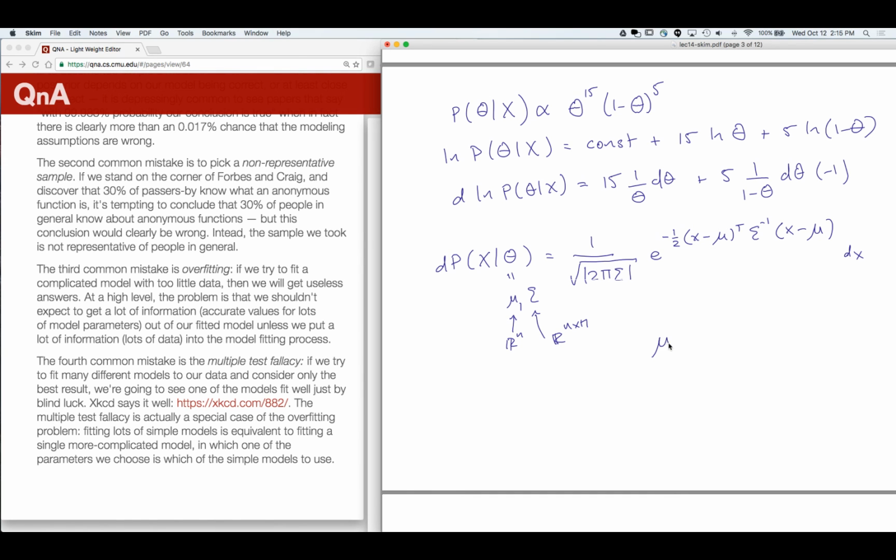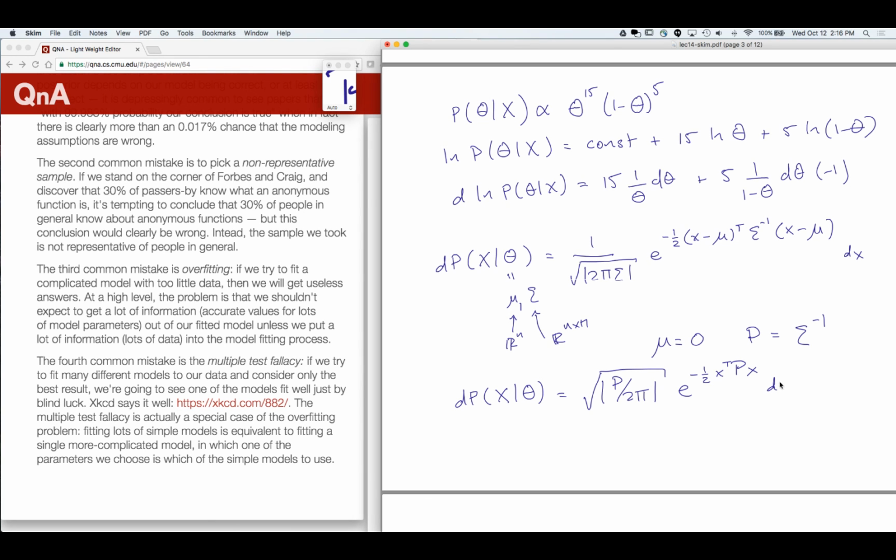So we're going to say now mu equals 0, and then to make the derivation a little bit easier, we're going to replace sigma inverse by P. And then what we get is dP of x given theta is equal to the square root of the determinant of P over 2 pi times e to the minus 1 half x transpose P x.